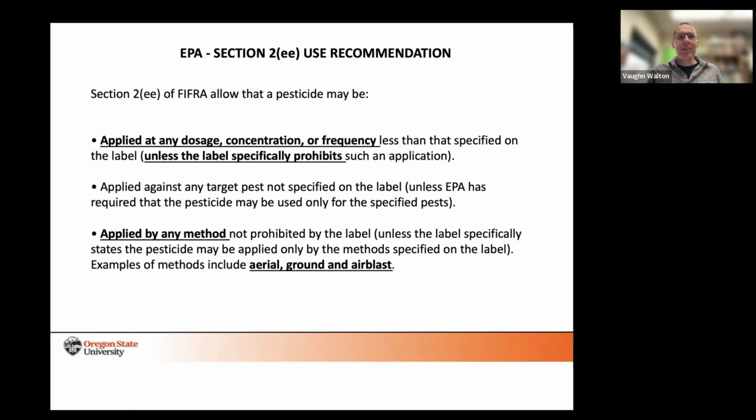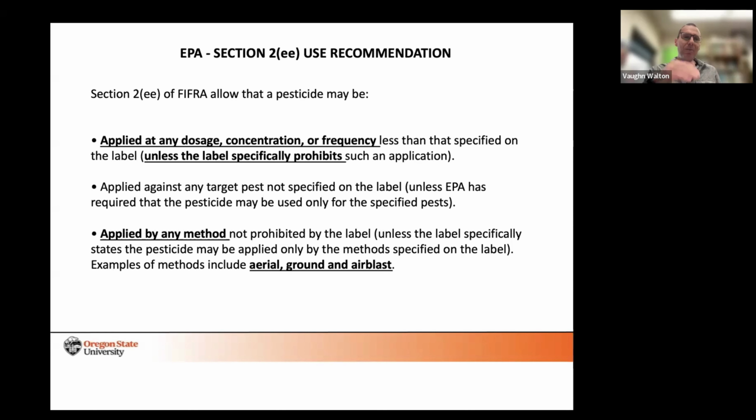And it's underlined here, it very clearly states, unless the label specifically prohibits such an application. So if the label does not specifically prohibit such an application, you're fine. If you're using a compound like Entrust, that is not a problem.